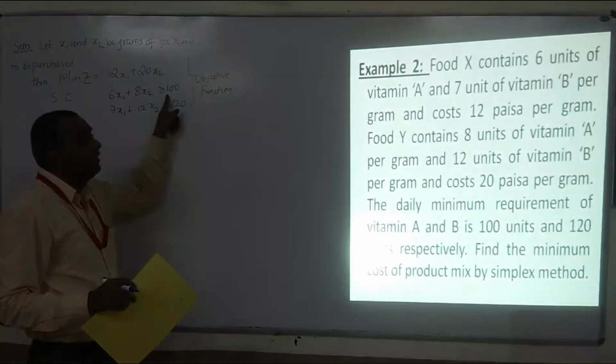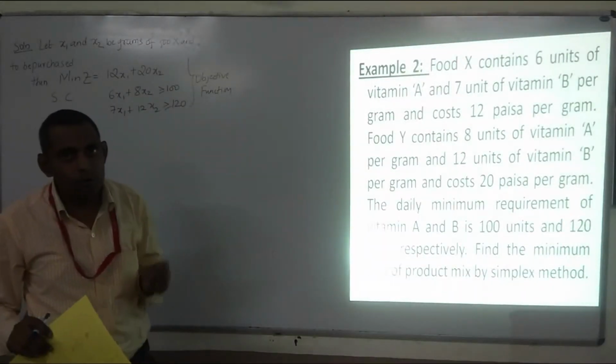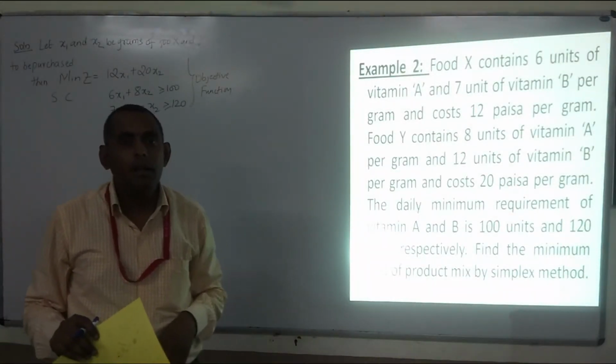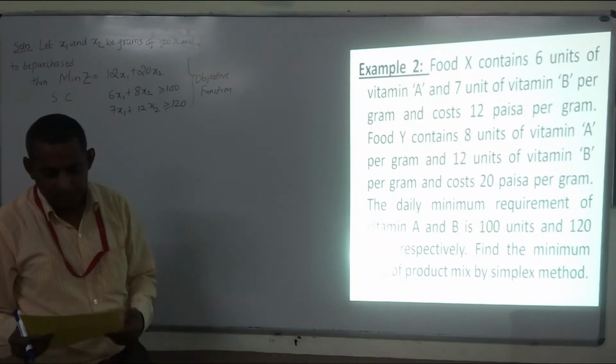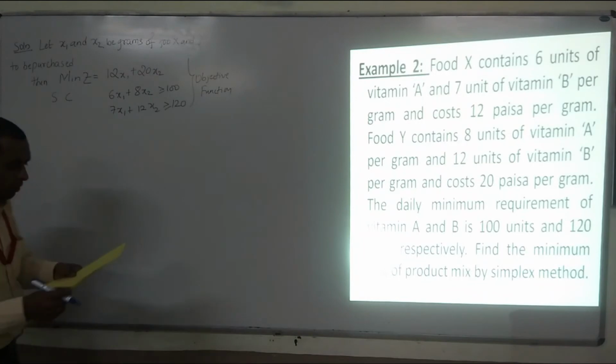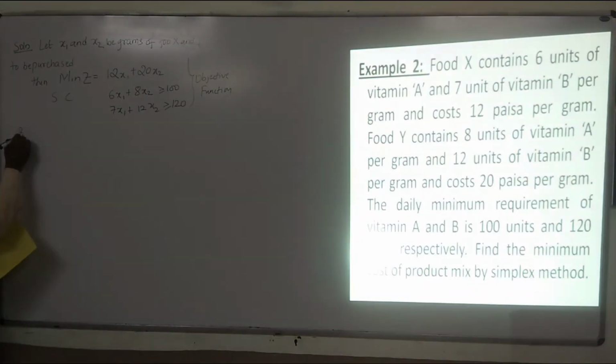So when the constraints are greater than or equal to, we are supposed to go to the big M method.